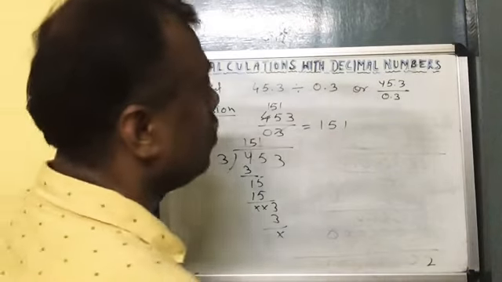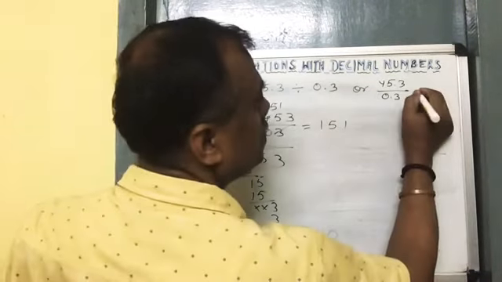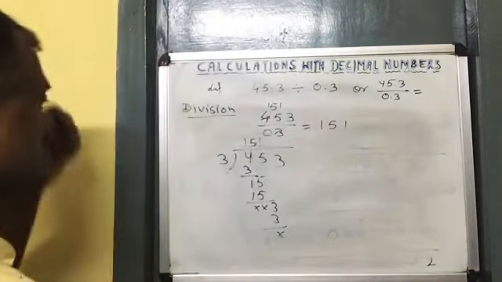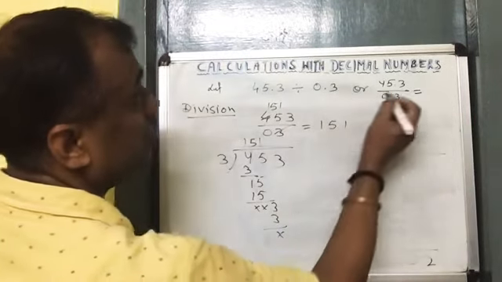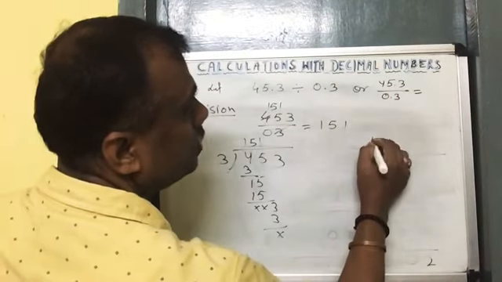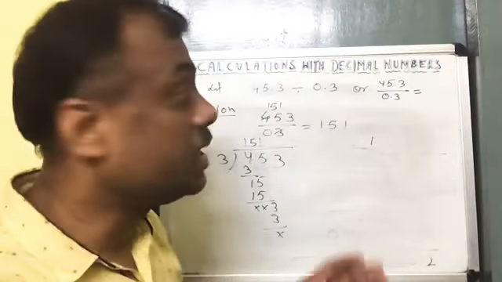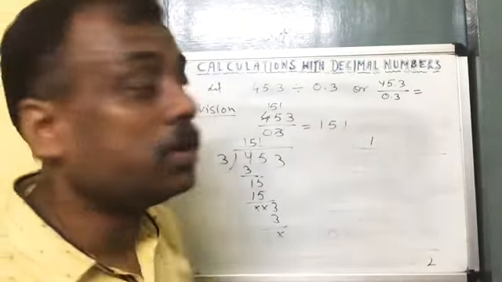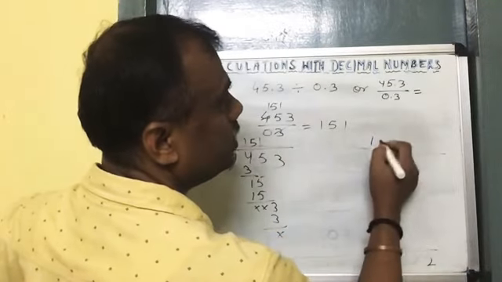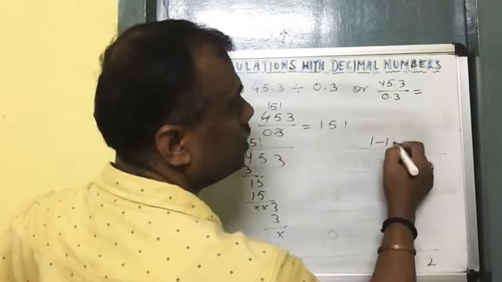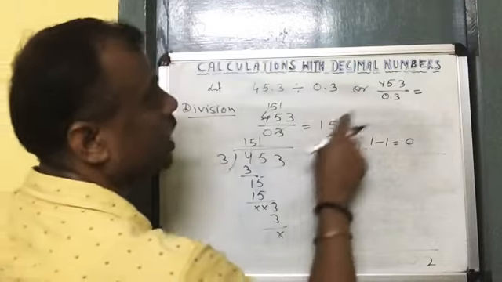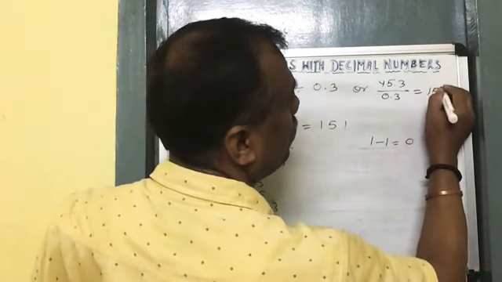Okay, now what will be the answer for this? For this you have to consider the decimal. There is a decimal at one place, and here also after one place. In the case of division we have to subtract. So after one place minus after one place, it becomes 0. So our answer will be 151.